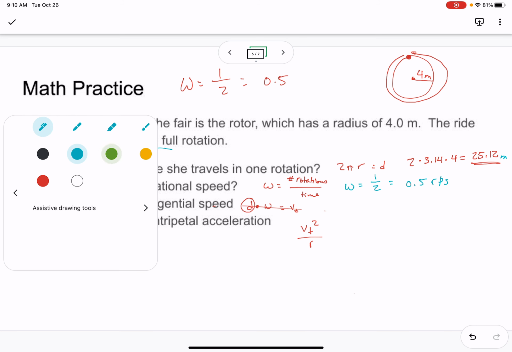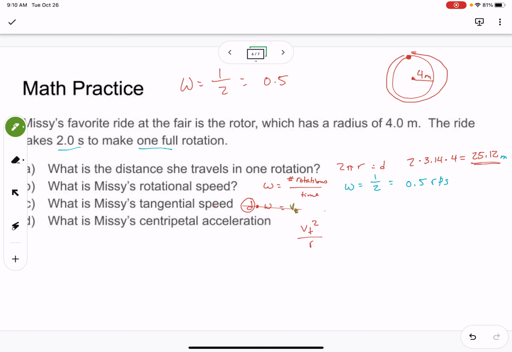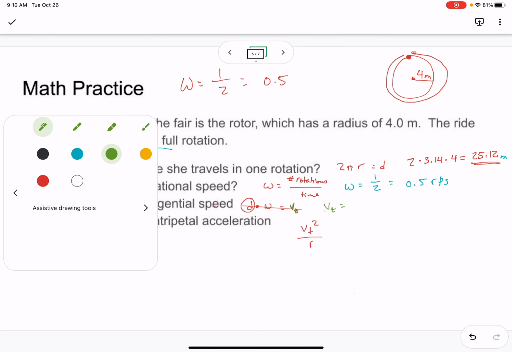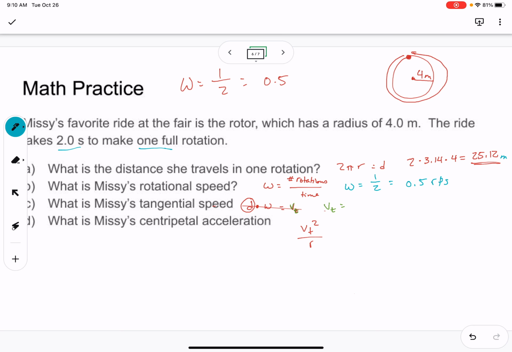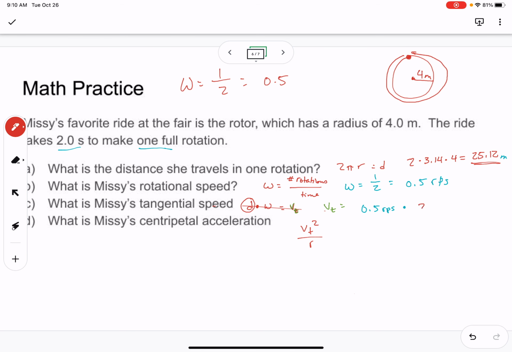Let's change our color again. So tangential velocity equals D, which was 25.12, times 0.5 rotations per second. That's going to give us VT.